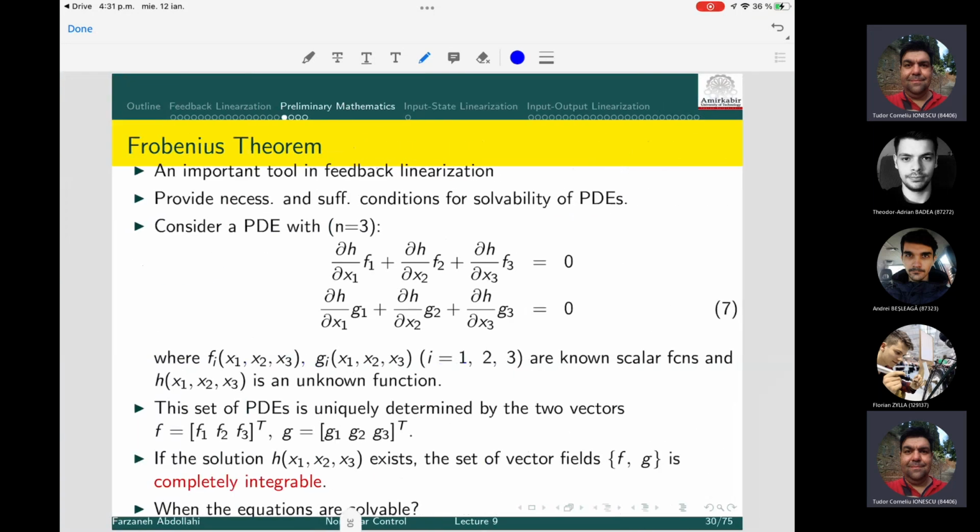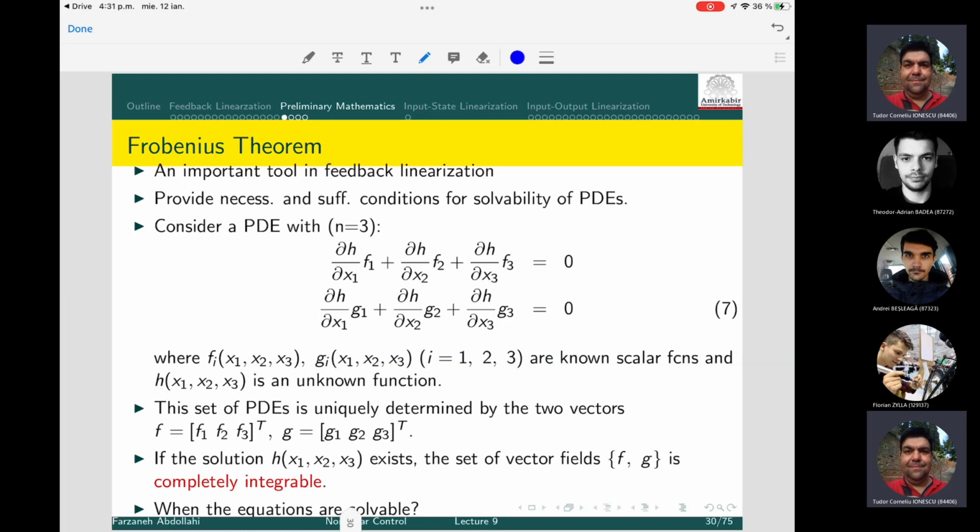We also have the theorem of Frobenius. This is an important tool for feedback linearization, providing a necessary and sufficient condition for the solvability of PDEs, because you need PDEs. Consider a PDE with n equal to 3, which is this one, where f_i, g_i are known scalar functions and h is an unknown function.